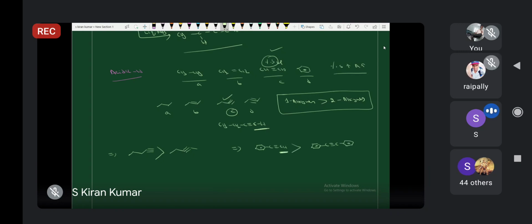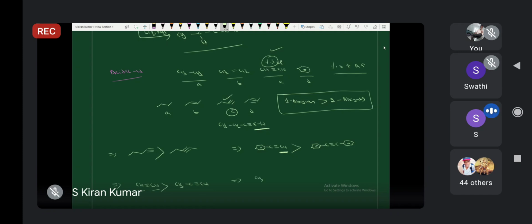Phenylacetylene, sir, because acidic hydrogen is present in phenylacetylene. Acetylene and propyne: which is more acidic? Acetylene is more acidic, because it has two acidic hydrogens.